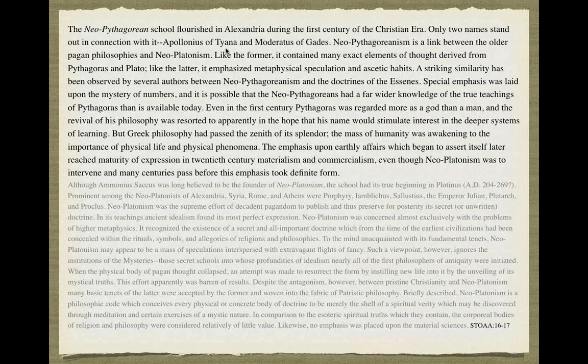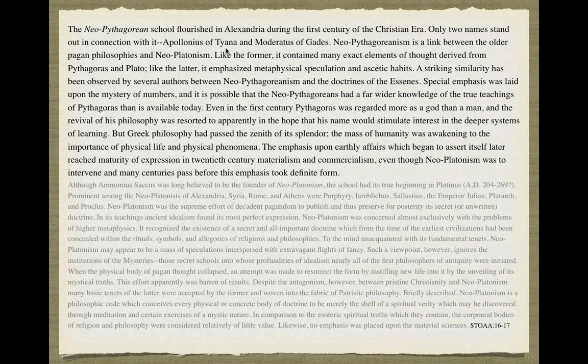Sure. I'll try. The Neo-Pythagorean school flourished in Alexandria during the first century of the Christian era. Only two names stand out in connection with it: Apollonius of Tyana and Moderatus of Gades. Neo-Pythagoreanism is a link between the older pagan philosophies and Neoplatonism. Like the former, it contained many exact elements of thought derived from Pythagoras and Plato.